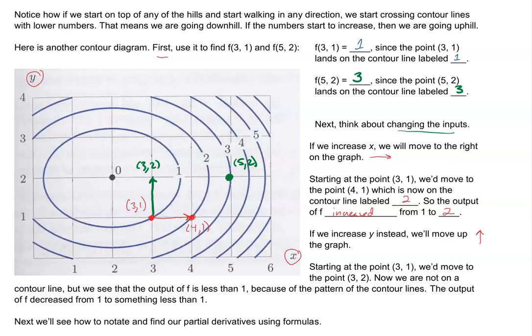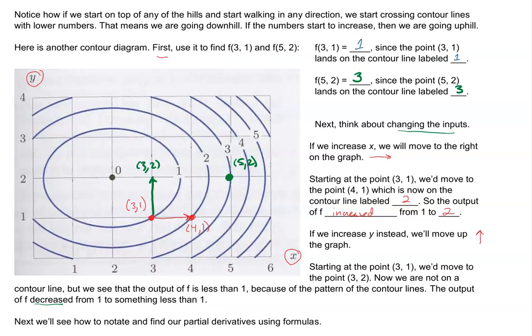And we're not on a contour line anymore, but we see that the output of f would be something less than 1 because of the pattern of the contour lines. We're somewhere between 0 and 1. So the output of f as we moved up decreased from 1 to something less than 1, maybe 2/3 or something like that.